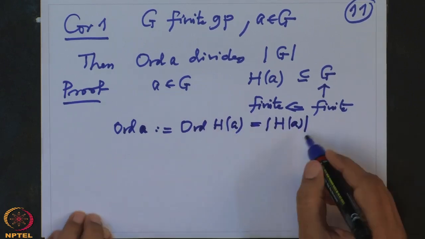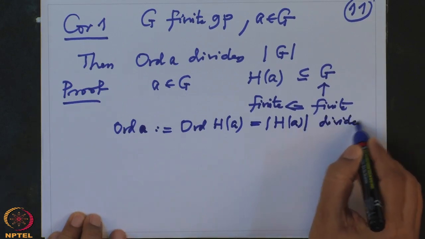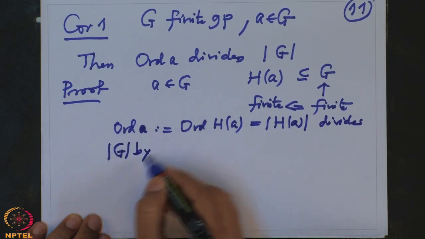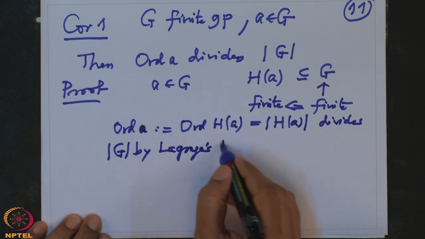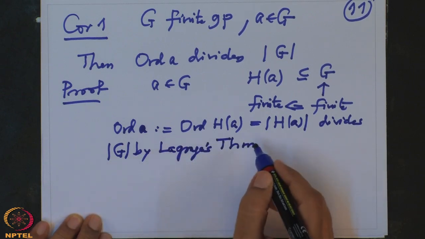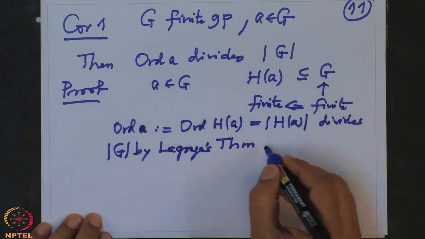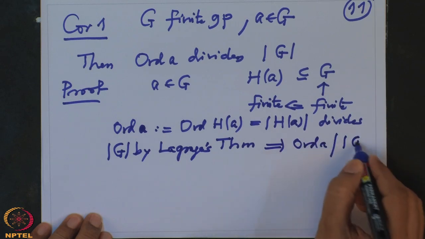But then Lagrange's theorem says that this divides the order of G. So that means the order of A divides the order of G.